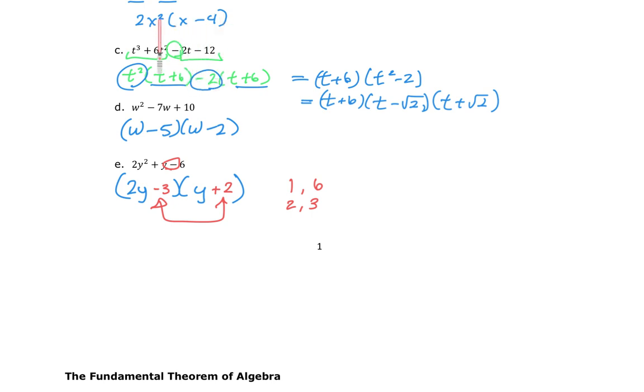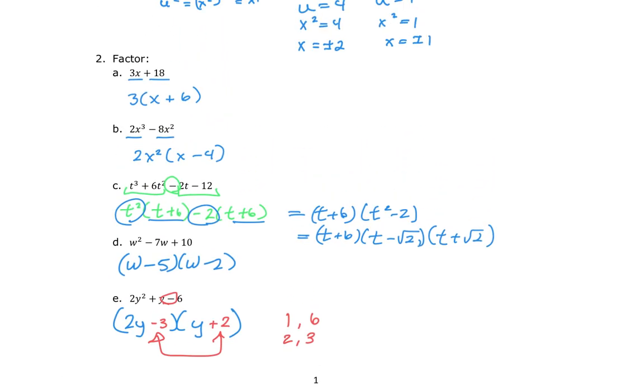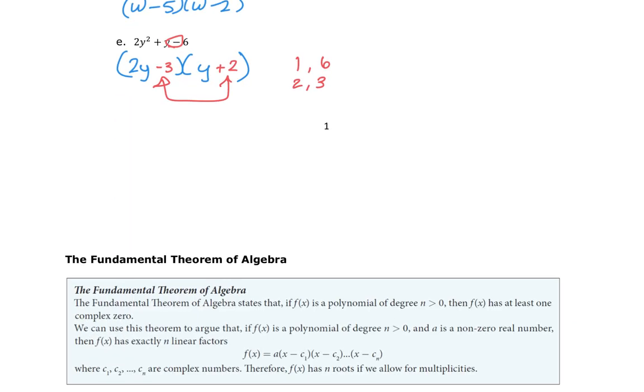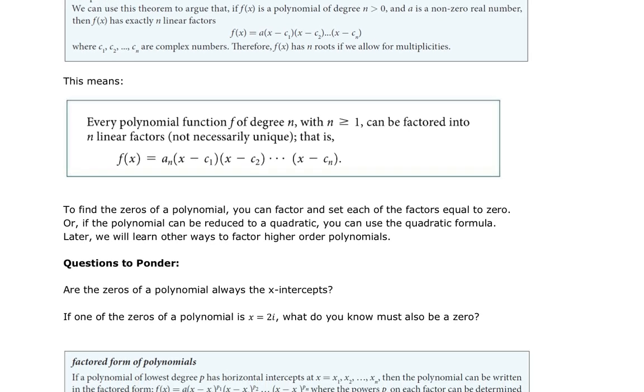This is 1 factor, then x equals 0 is one, and then x equals 0 a second time is the second factor, or in this case, the third factor. So we will have the ability to factor every single polynomial that we come across. Just some of them, when we factor them, will not have real numbers. That's what the fundamental theorem of algebra states for us.